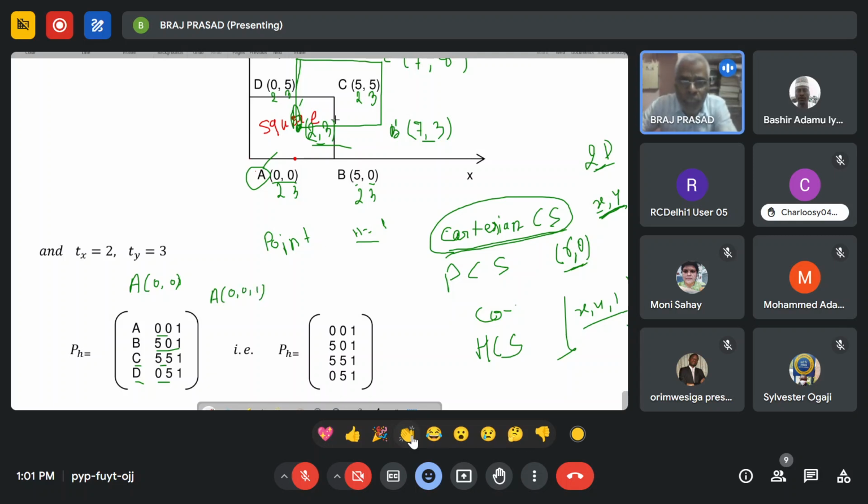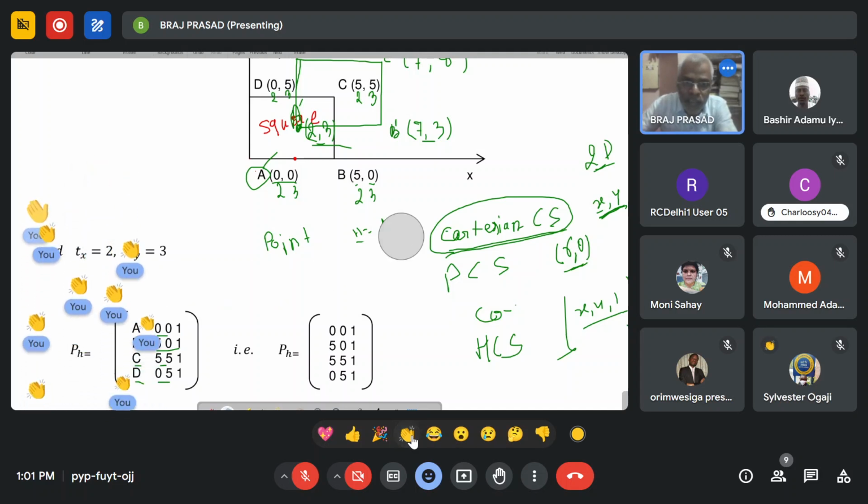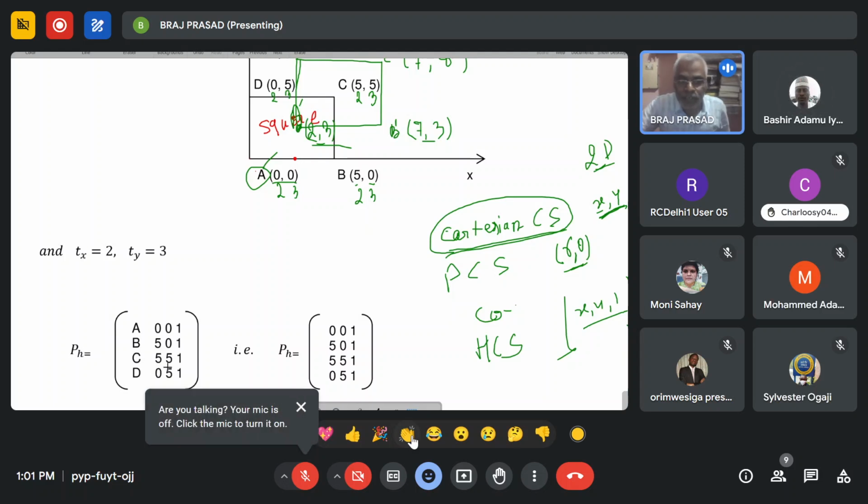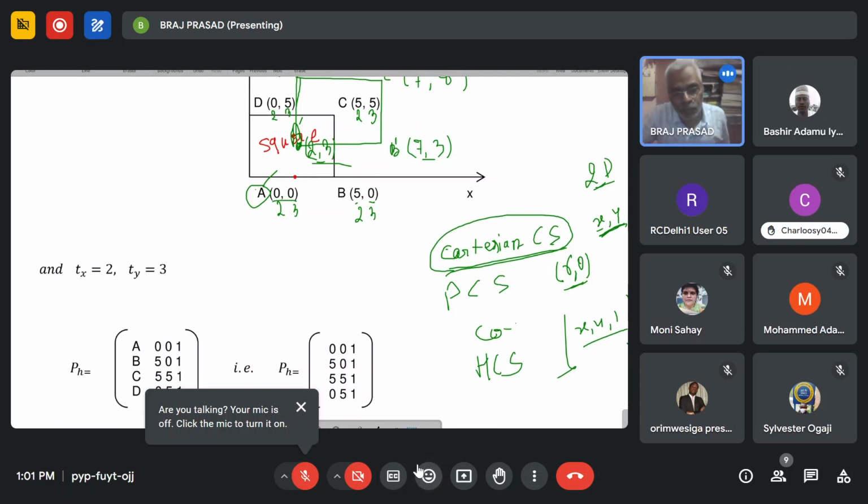For all points, you have to add one extra, that is the h value. I think it is clear. So this 0 0 becomes 0 0 1, 5 0 becomes 5 0 1, that is the value of B, and C is 5 5 1 and D is 0 5 1.